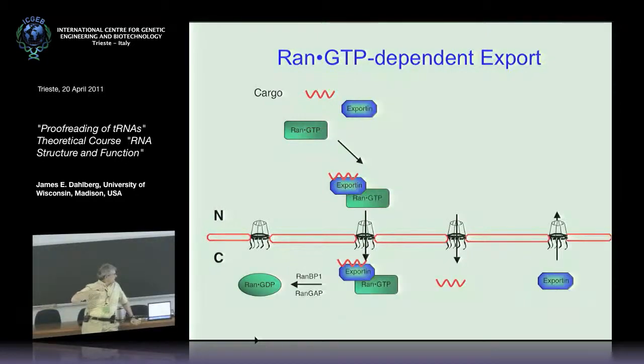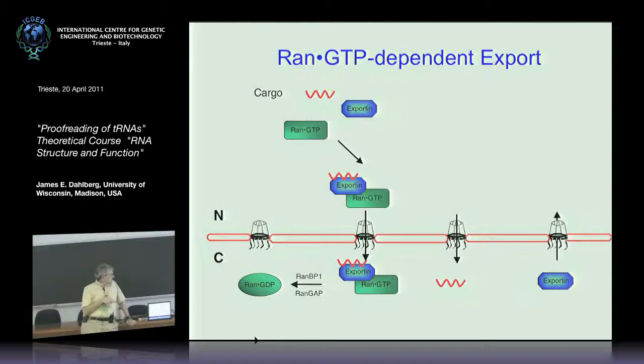And in the cytoplasm, there are proteins that are primarily cytoplasmic that activate an enzymatic activity of RAN. And the activity that's activated is a GTPase. So in the cytoplasm, these proteins, RAN binding protein and a RAN GTPase activating protein, stimulate the RAN to hydrolyze the GTP to GDP.